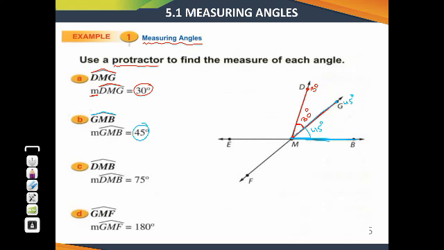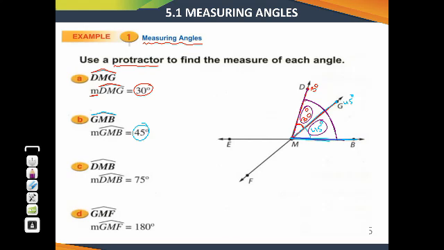Next one, we have C, DMB. Where is DMB? D, start from here, to M to B. DMB means this angle. So we can add this angle with this angle, and it becomes the angle DMB.